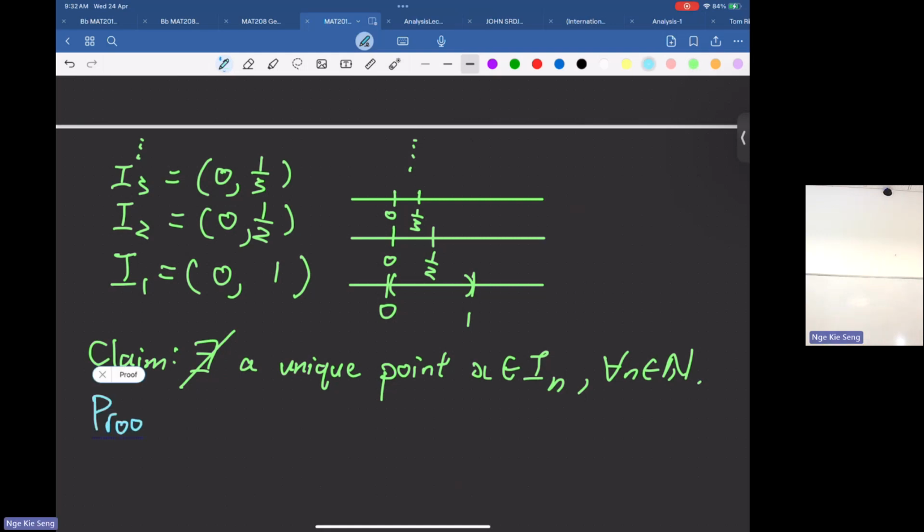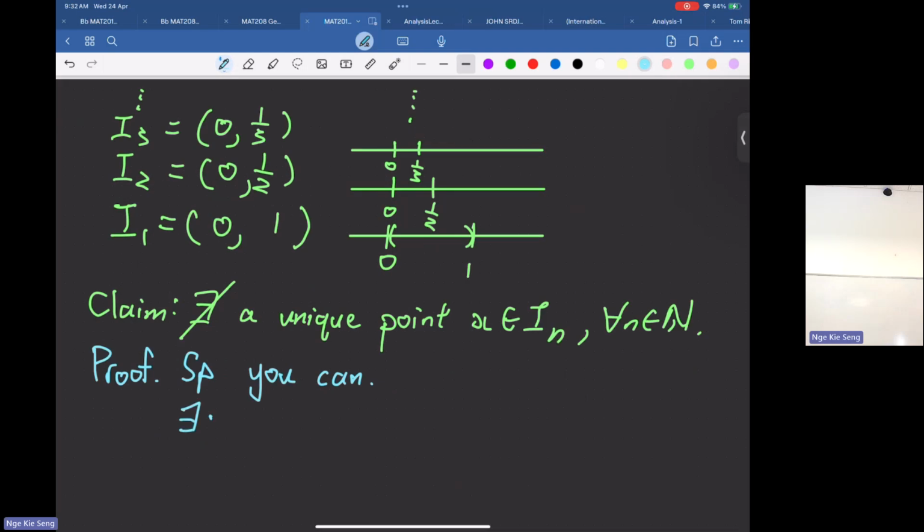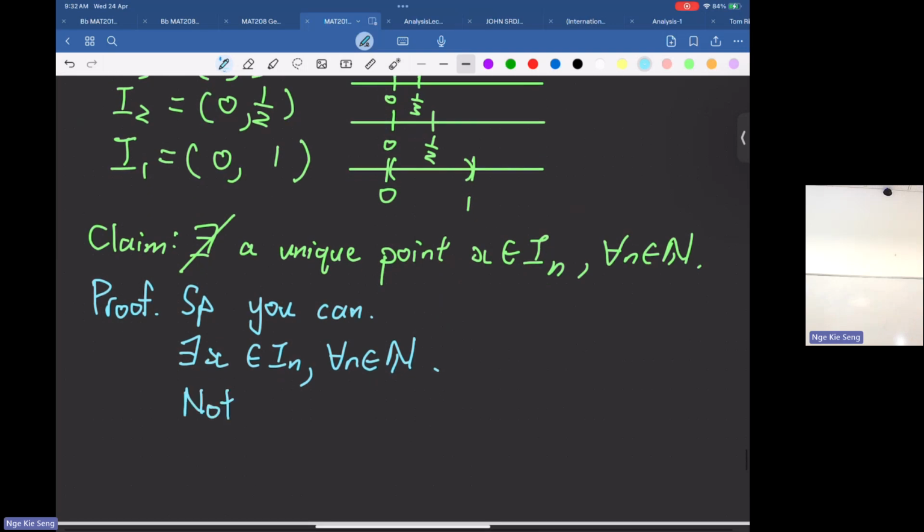So suppose you can. Meaning what? There exists an x which is in In for all n in N. Suppose you can. In particular, this point here is in where?